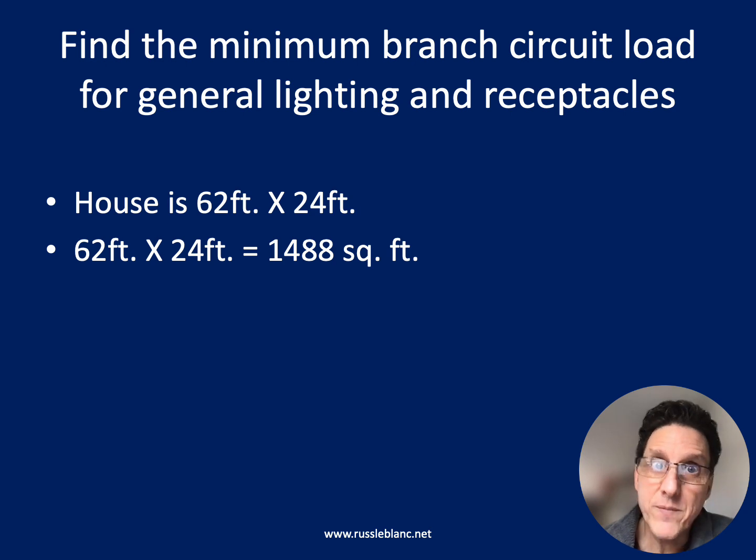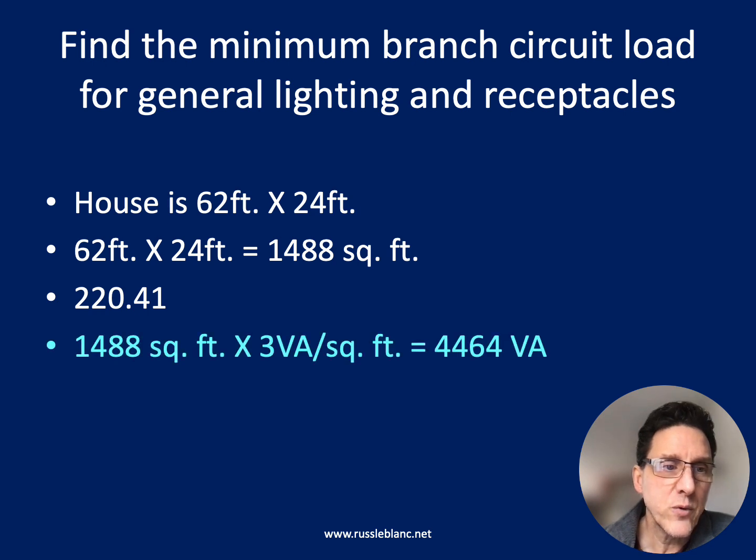That's the floor area. Now multiply that by the unit load of 3 volt amps per square foot: 1,488 square feet times 3 volt amps per square foot equals 4,464 VA. That's your branch circuit lighting load.